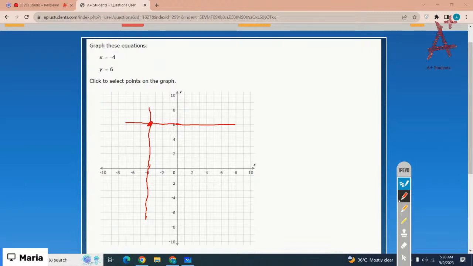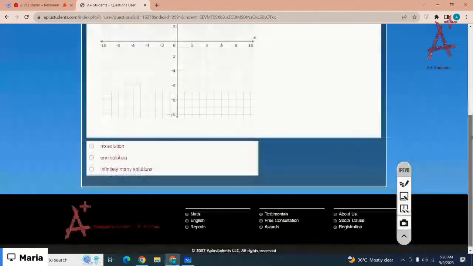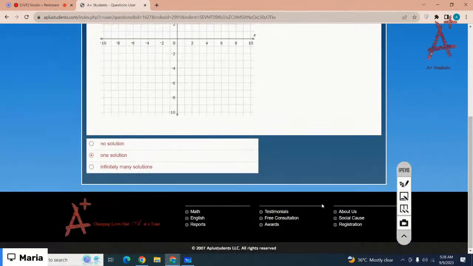Just one. Both the lines intersect at only one point, right? That means the system has exactly one solution, and the solution is matching the point to the x-axis, that would be negative 4, and then the y-axis, that would be 6. So the solution of the equations is negative 4 and 6, right? One solution.